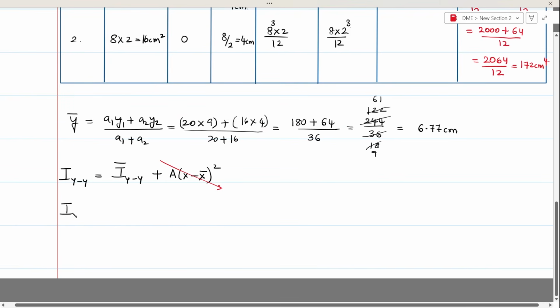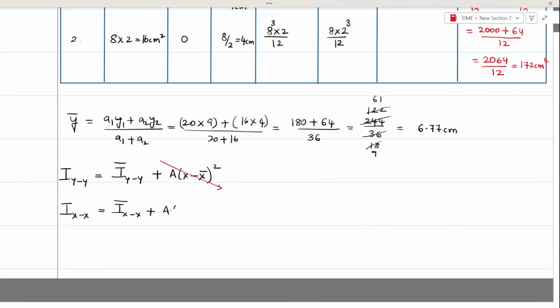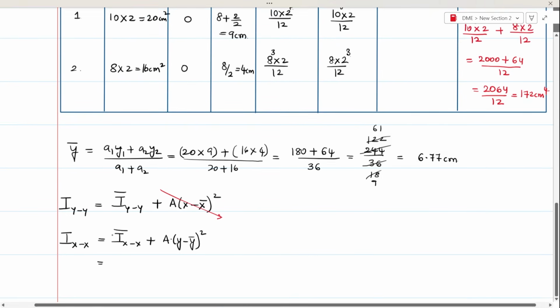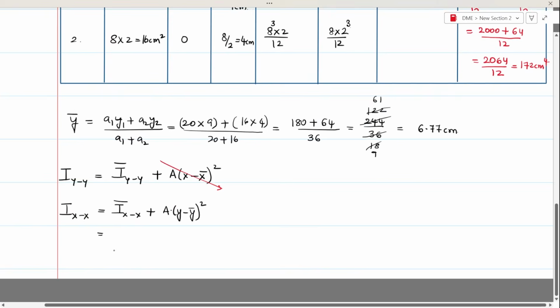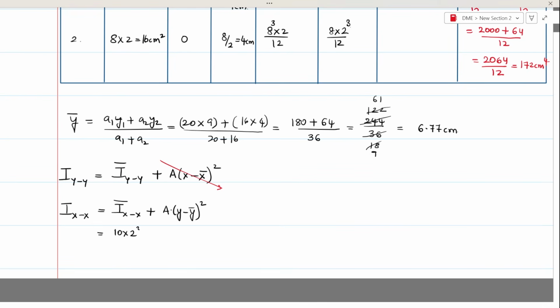Next is the moment of inertia about the x-axis. So Ixx is equal to Ixx bar plus a into y minus y bar whole square. So this is 10 into 2 cube by 12, and area is 20, y minus y bar is y is 9 minus 6.77 whole square.